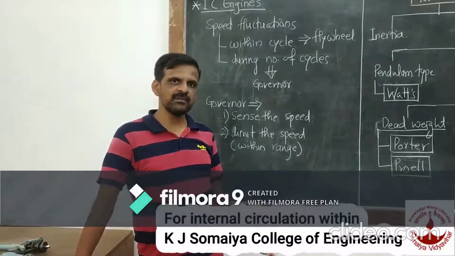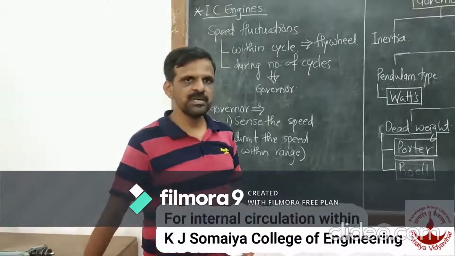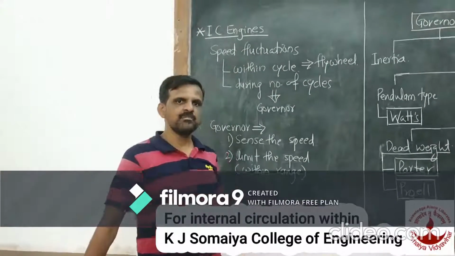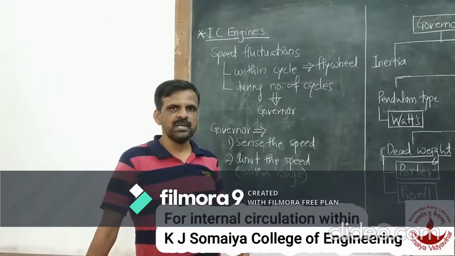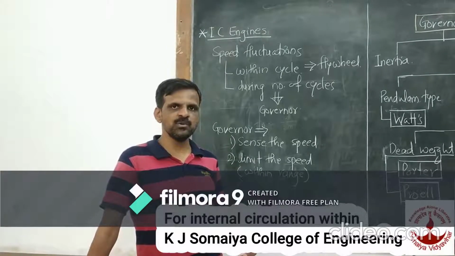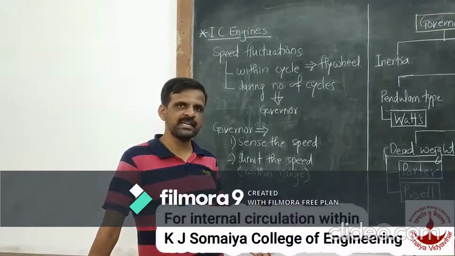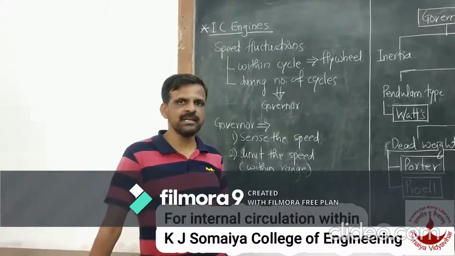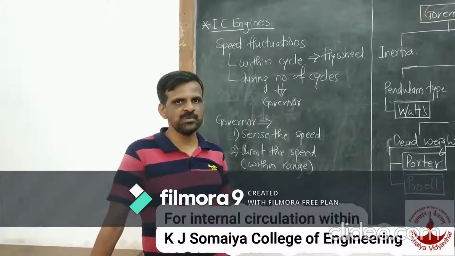Now on the other side, the speed of an IC engine may vary according to the load on the engine also. If the load on the engine increases, the speed of the engine goes down, and if the load on the engine decreases, the speed of the engine increases, and vice versa.